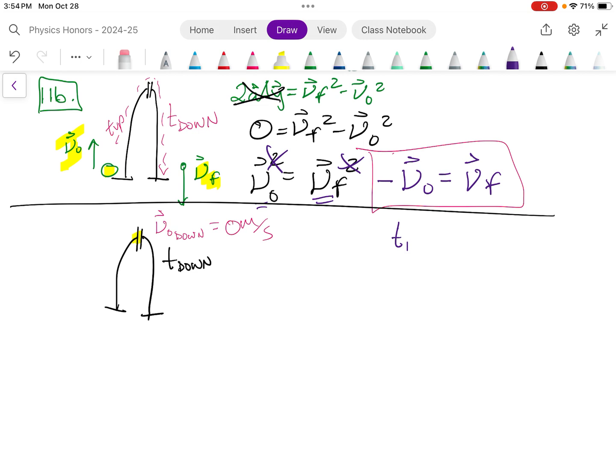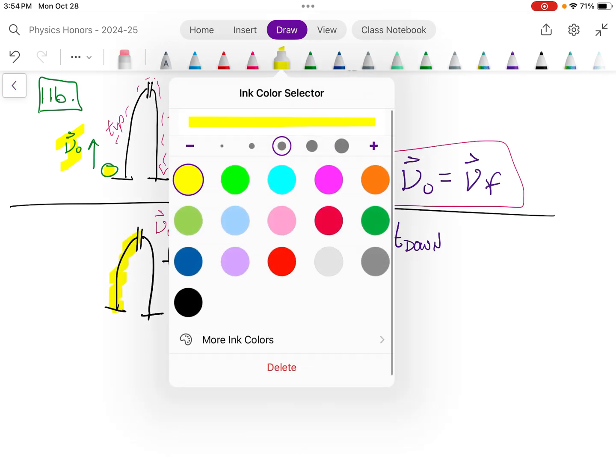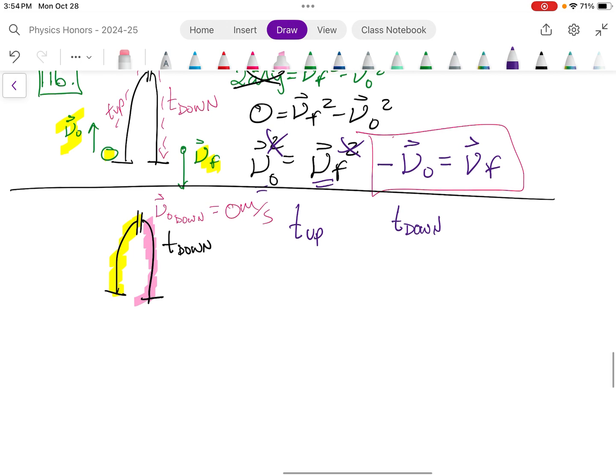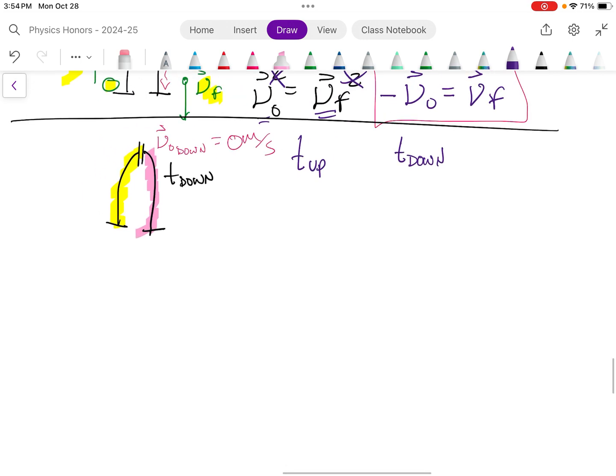Okay, and again, just to refresh our memory, we're talking about t up and t down. You don't have to make those noises. I do it for you, so you don't have to. You're welcome. Okay, so t on the way down and t on the way up, are they the same? All right, so let's look at t on the way down first.